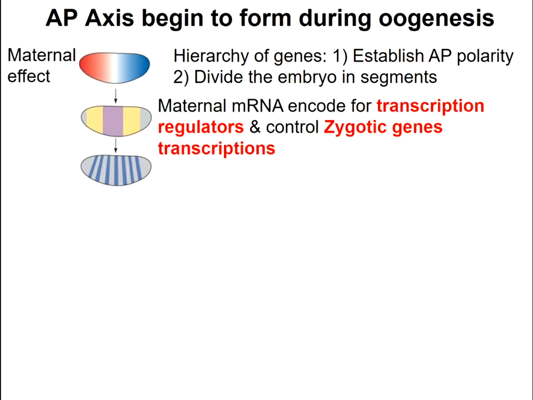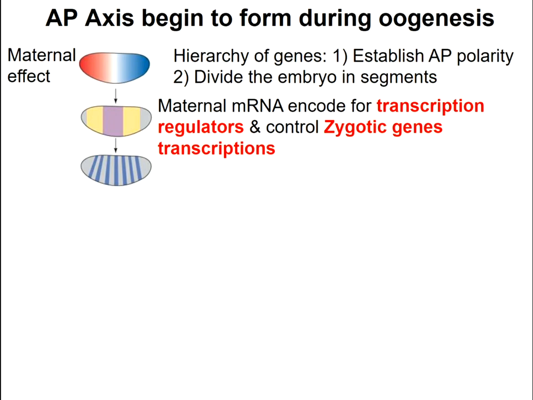So the first genes that are activated in the embryo are the maternal genes. The mother, during the formation of the egg, actually deposits mRNA, messenger RNA, inside the egg, and already in depositing this mRNA, we have the formation of two poles, the anterior and the posterior poles. This maternal mRNA encodes for transcription regulators or transcription factors, if you wish.